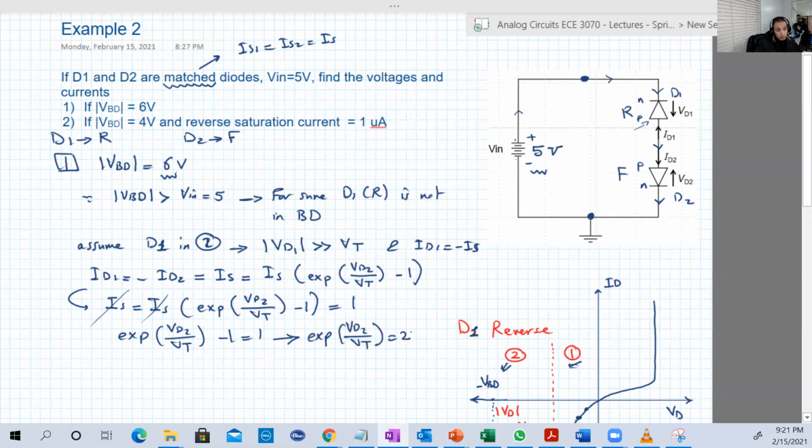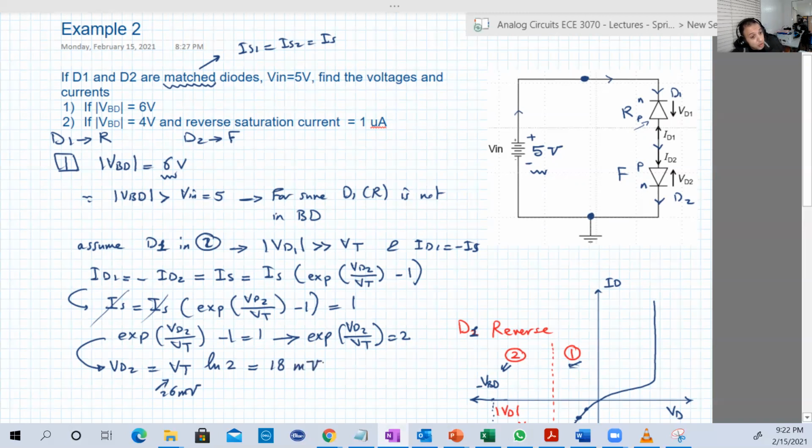Take ln, the natural logarithm, of both sides. So this will give us VD2 equal to VT, which is 26 millivolt, times ln 2. If we calculate this, this will be 18 millivolt.